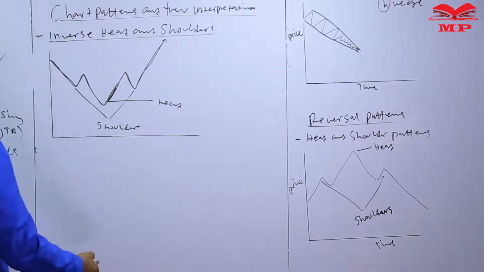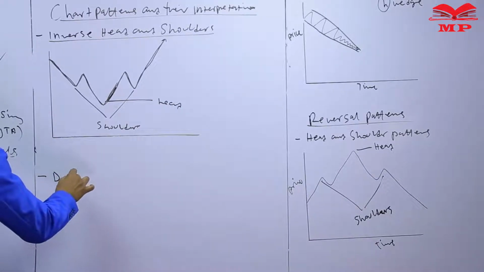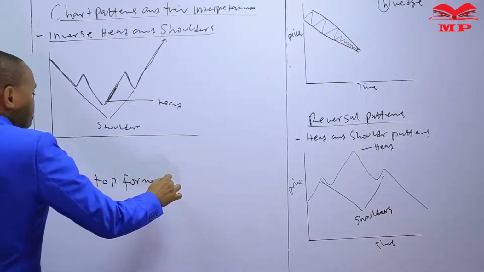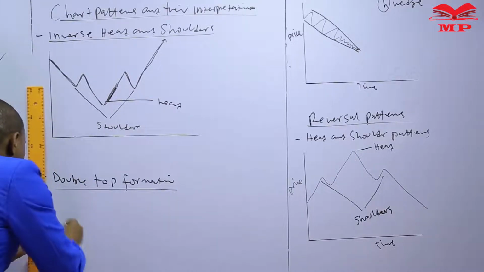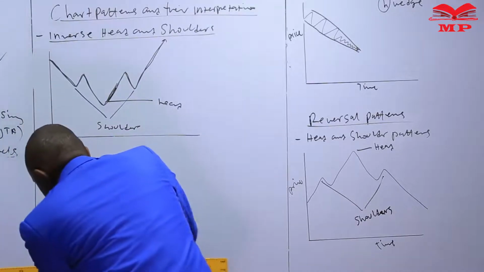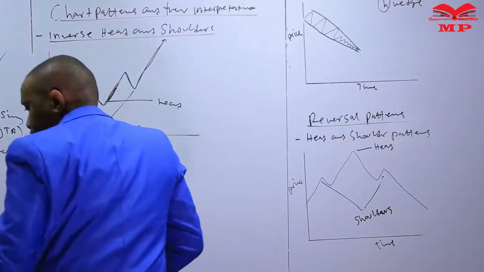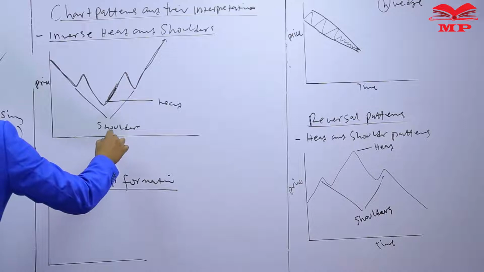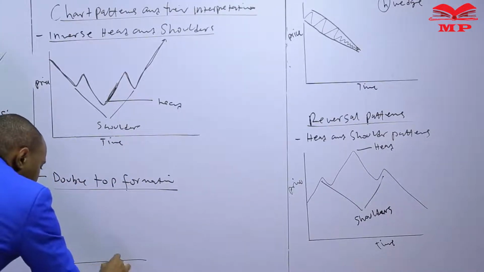Next one is a double top formation. Over here, what we can do is a not so big diagram here. This is price, time, price, time, like that.